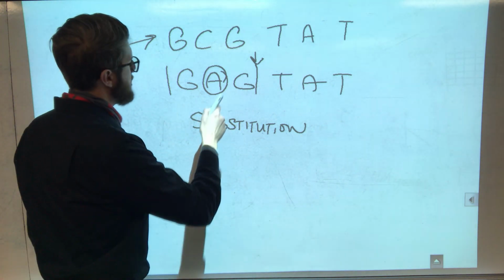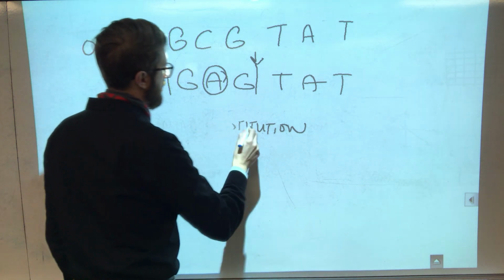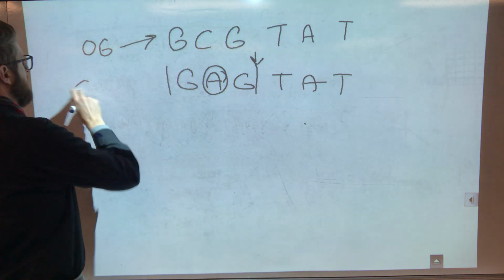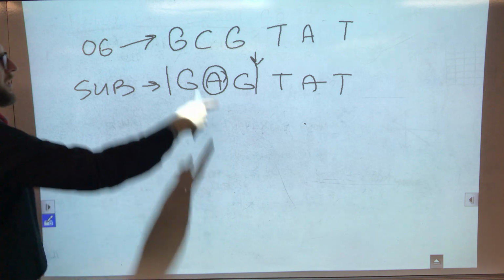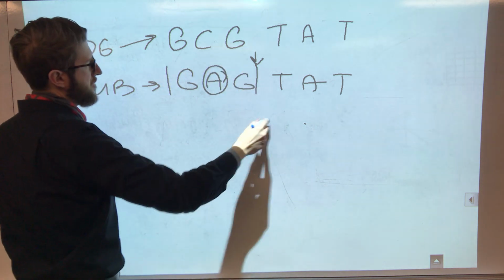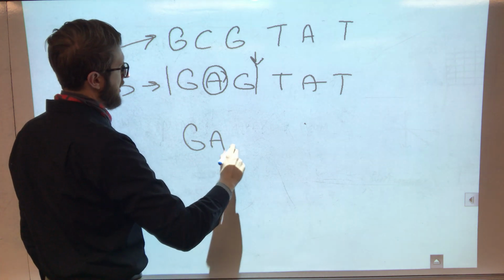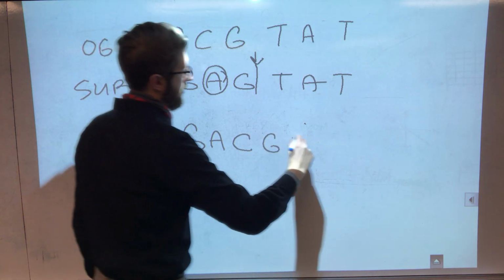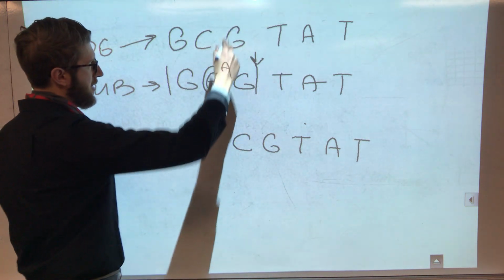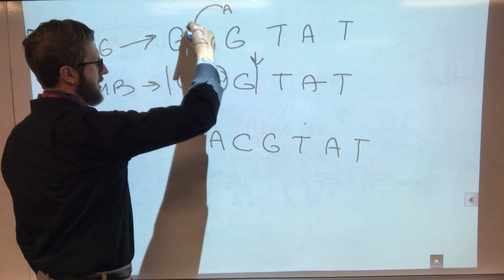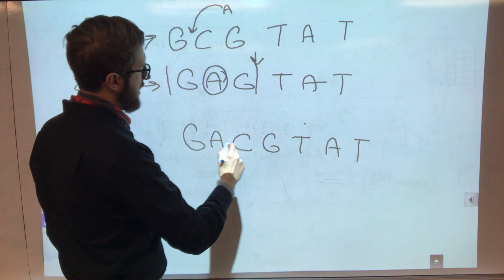But let's say that instead of doing that, I accidentally, let's say that's the substitution there. But let's say that instead of just making a substitution, I actually accidentally inserted the A. I took an A and I plugged it in here. Well, when you do that, it moves every single letter down one.